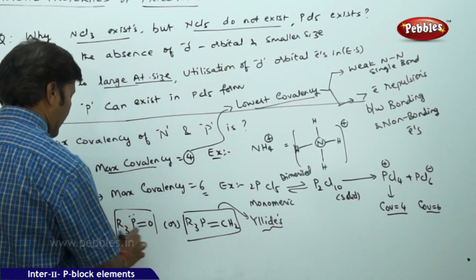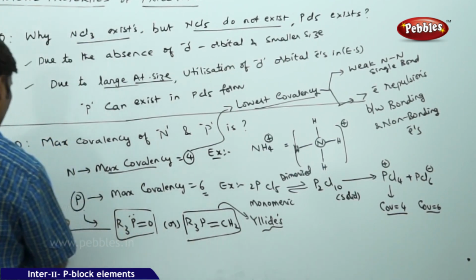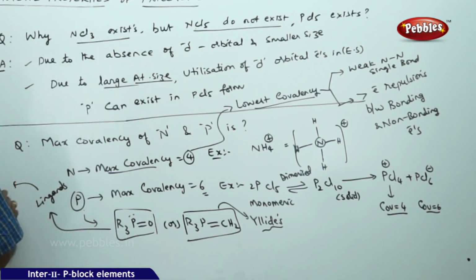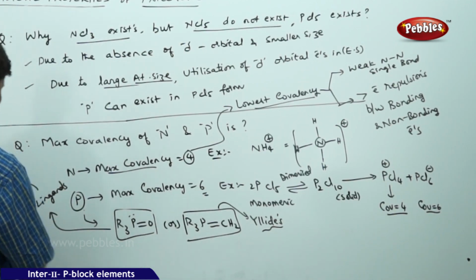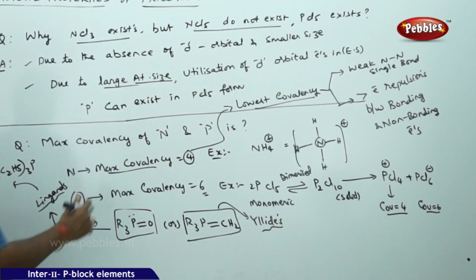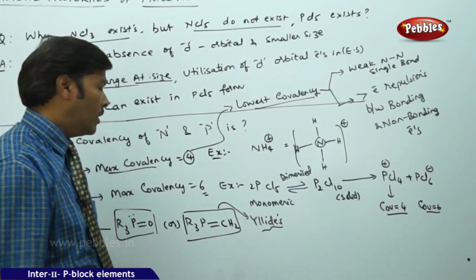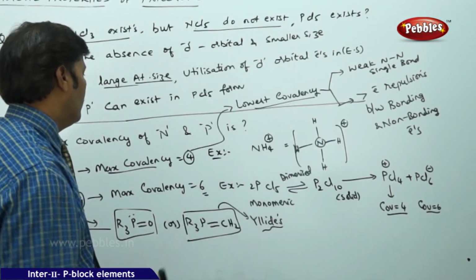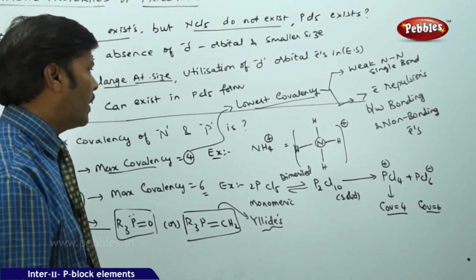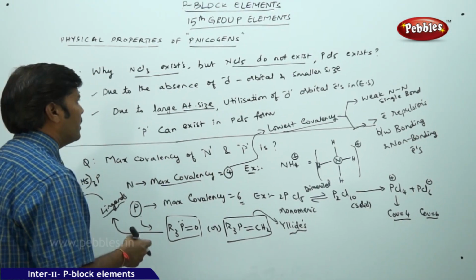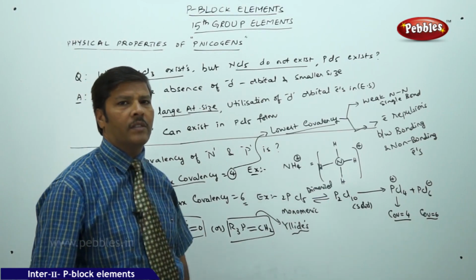Here they behave as ligands, and when they behave as ligands, in the place of the alkyl group you can take triethyl phosphorus. Once they behave as ligands, their covalency exceeds 4 and reaches up to 6. So 6 is the maximum covalency for phosphorus and 4 is the maximum covalency for nitrogen, and these are some of the variable points where we need to make a comparison.